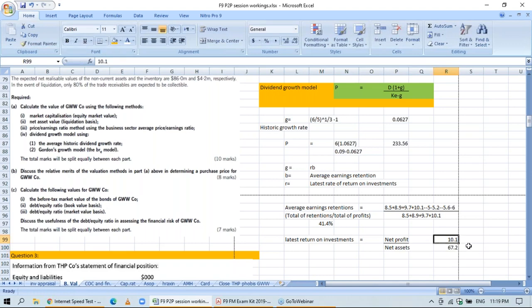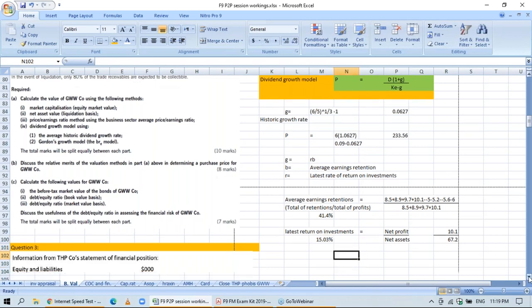So how did I get the 67.2? All the assets minus all liabilities will give you the net assets. So this makes 10.1 divided by 67.2 multiplied by 100, 15%. So it's 15.03%.